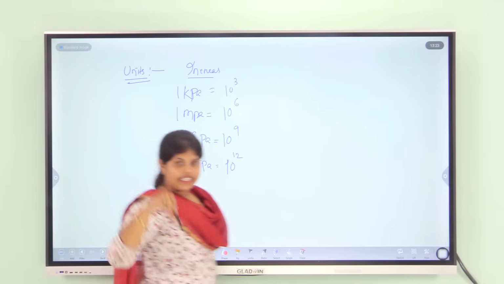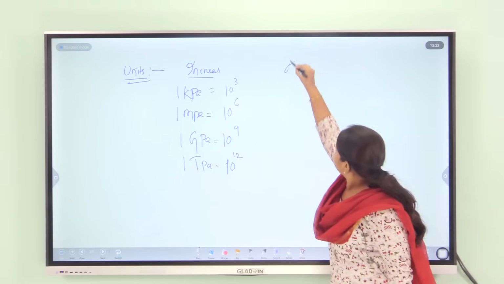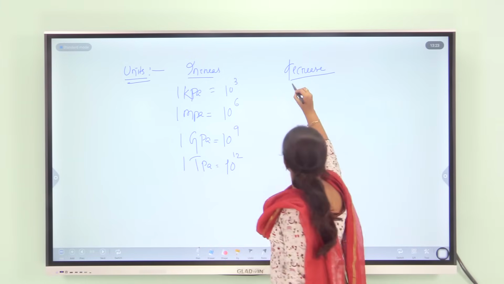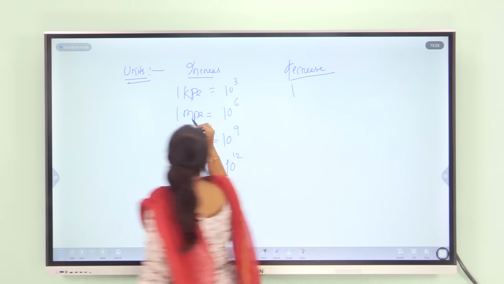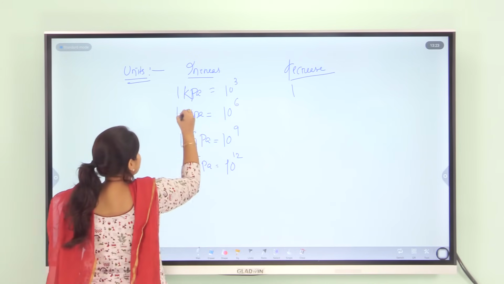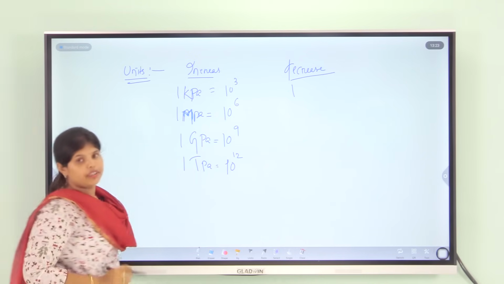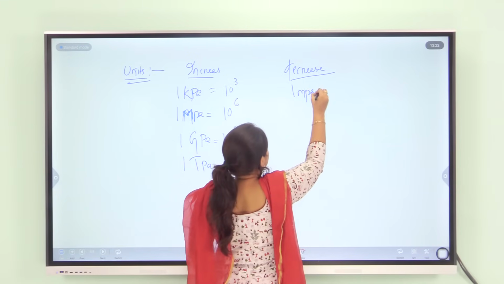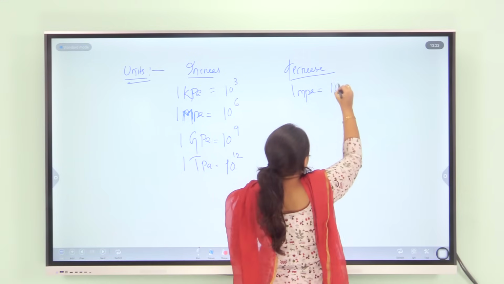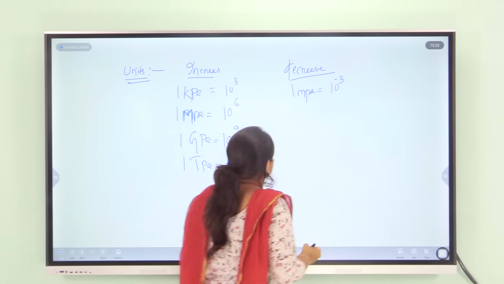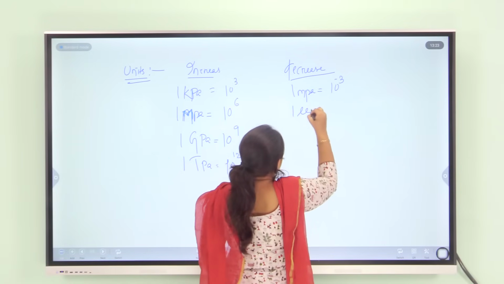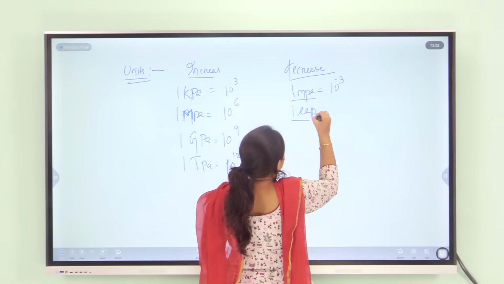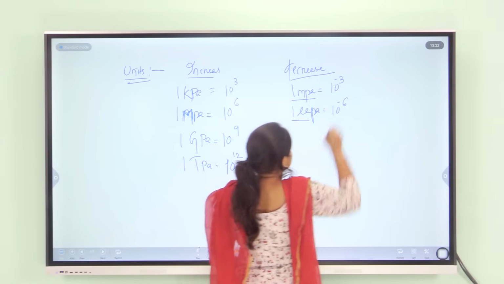If the units decrease, it will become, here MPa, megapascal, is in capital letter, capital M, but small m is millipascal, that will be 10 to the power minus 3. Next one, micropascal, 10 to the power minus 6.